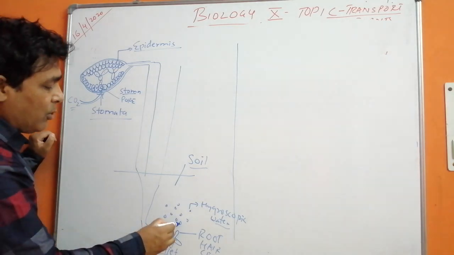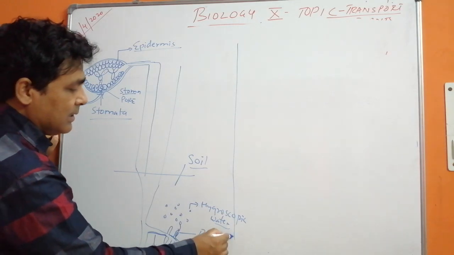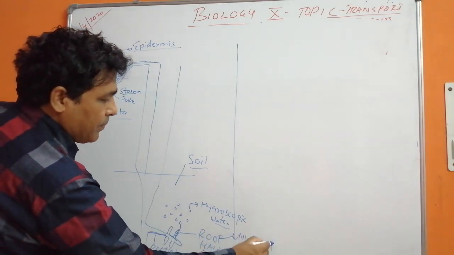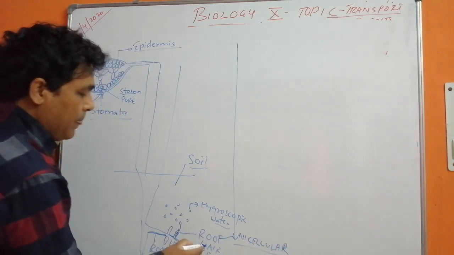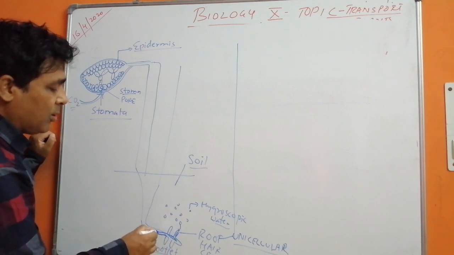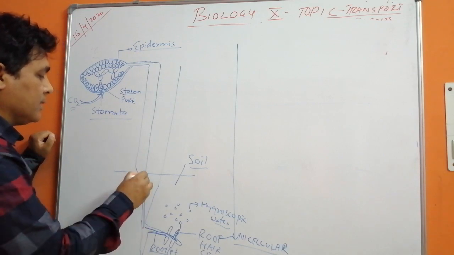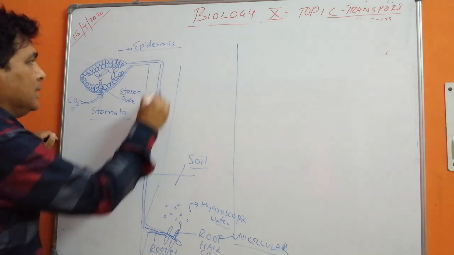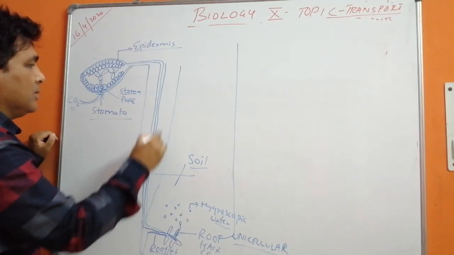Now what happens is the water is going to come here through the hair cells. These are unicellular, one cell only. The water will move here, then it goes to the cortex. This is the root xylem. This is the stem xylem, and with it there is phloem also.